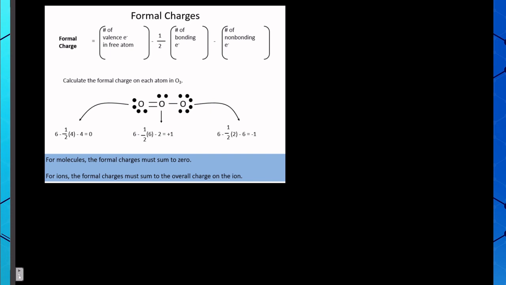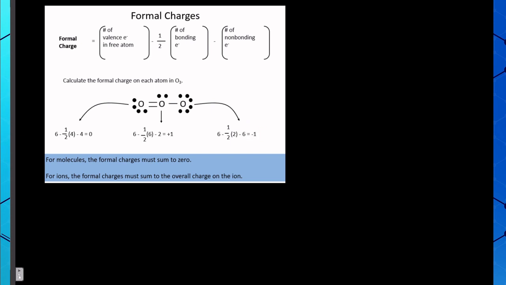And then for the oxygen atom on the right, it has, again, 6 valence electrons, and only 2 electrons bonded to something else, to the other adjacent oxygen atom. So multiply that number times 1/2, and then we subtract the 6 non-bonded electrons, and we end up with a formal charge of minus 1.